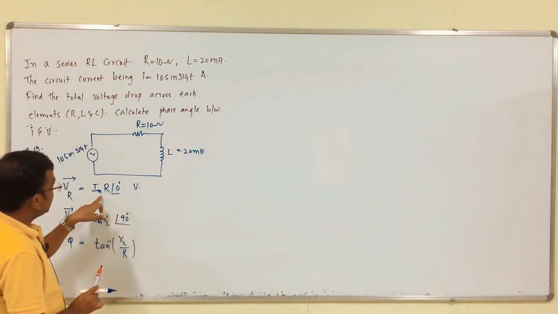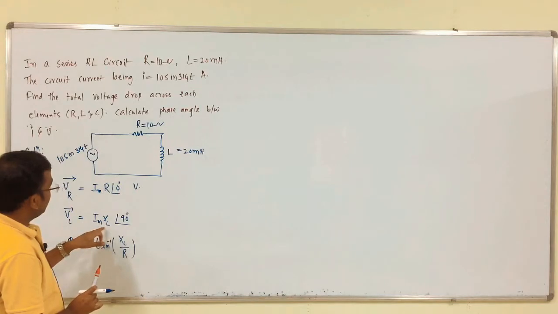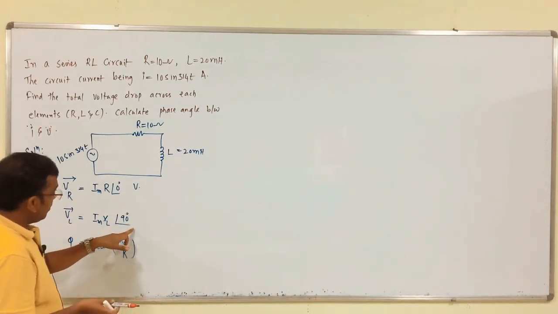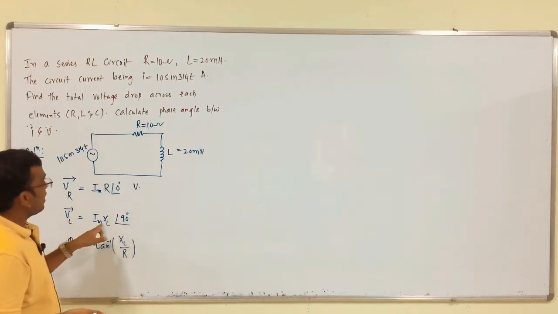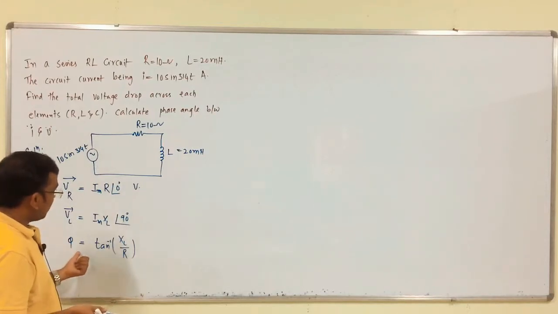The current is always in phase with the voltage, that is why it is 0. Here, why is it 90? Current lags voltage by 90 degrees, or here we are considering voltage as plus 90, so voltage leads current by 90 degrees in case of a series RL circuit, and this is the formula for phase angle.